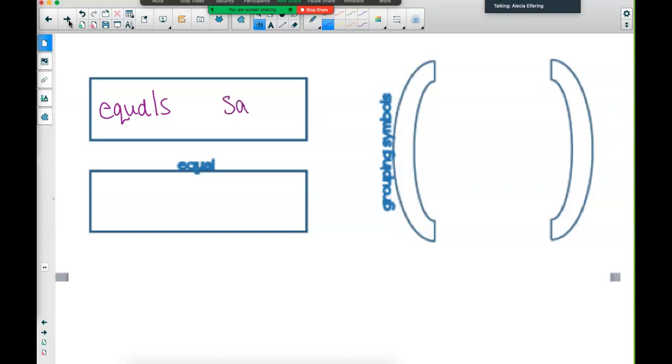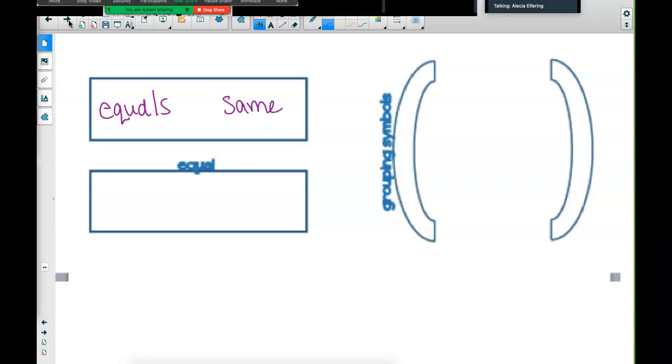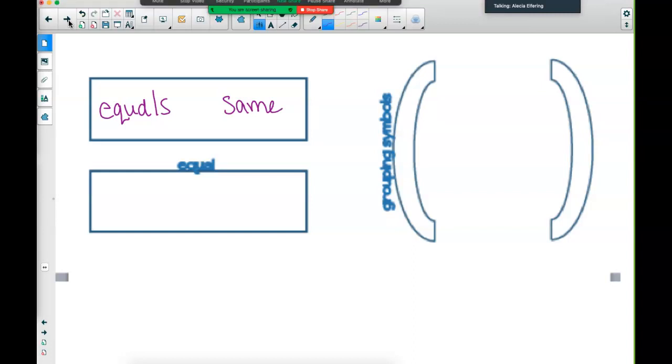There's actually a different one that I'm thinking of that your textbook would use a lot, or math classes would use a lot, and that's just the word is. Okay, if you saw 7 plus 3 equals 10, you could say the sum of 7 and 3 is 10. So the equal sign would be the word is.